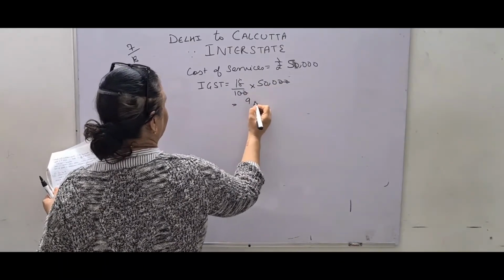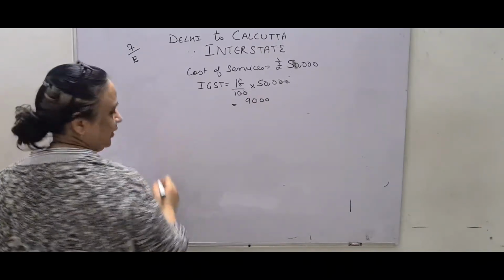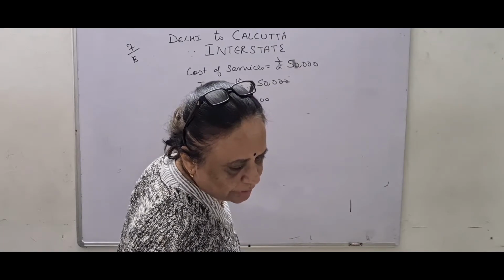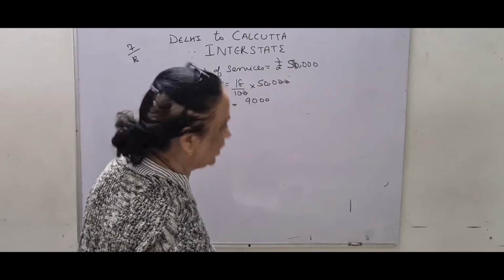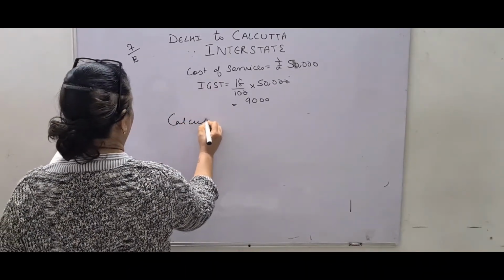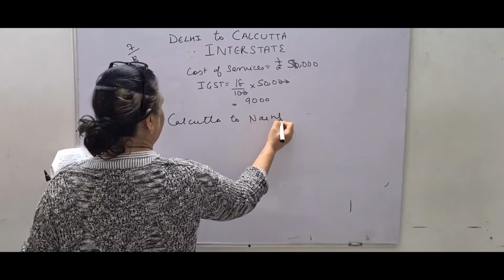This is your first answer, and this is rupees 9,000. Now he says then from Calcutta to Nainital.